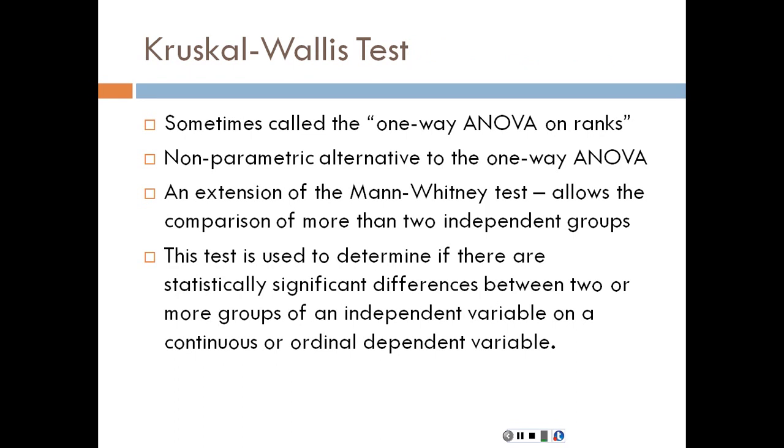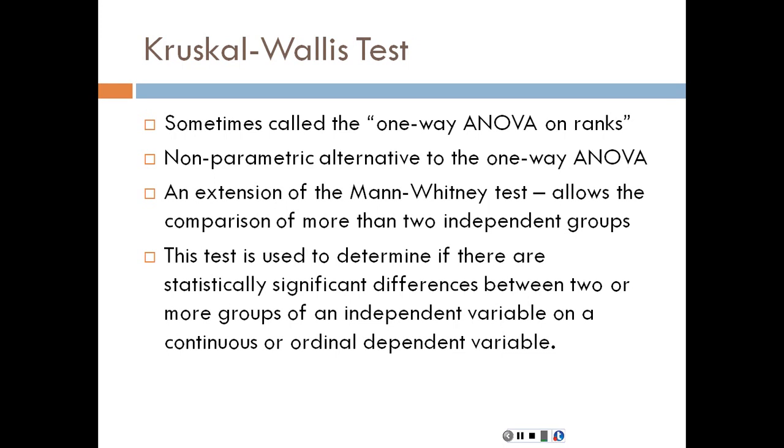Now the next test that I would like to discuss is the Kruskal-Wallis test. This test is sometimes called the one-way ANOVA on ranks. So this is the non-parametric alternative to the one-way ANOVA test.